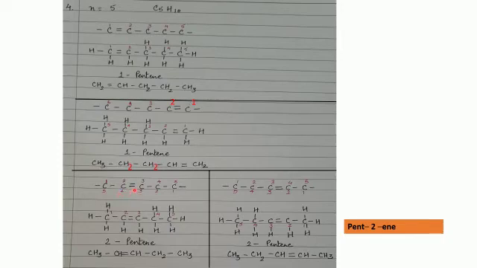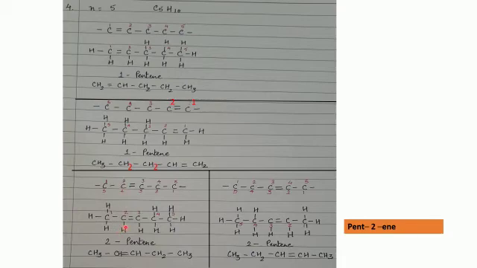So if you number it from right to left, it would be incorrect because the numbers will increase. We have to give the smallest number to the carbon atoms between which the double bond is present. So this method of numbering will be correct, that is from left to right, because in this you get the smaller numbers 2 and 3, and out of these the smallest will be 2.